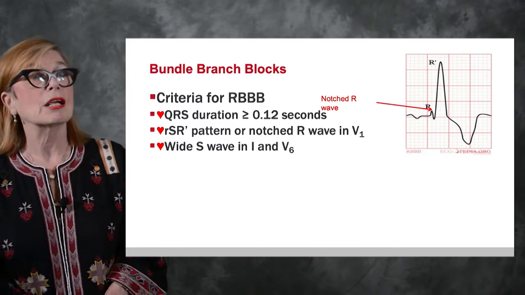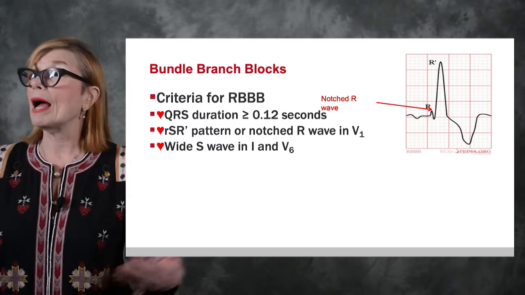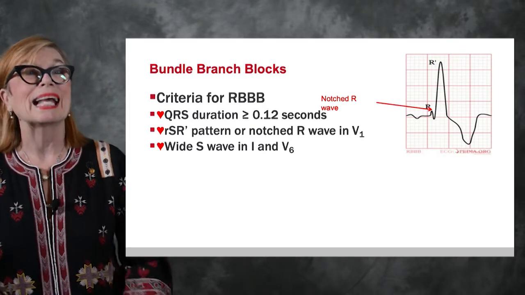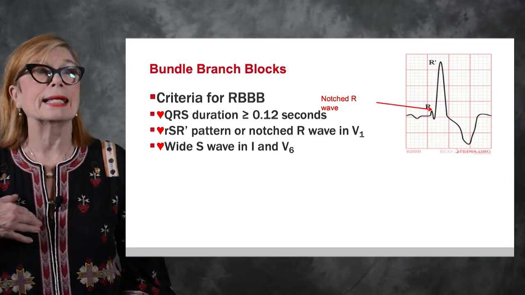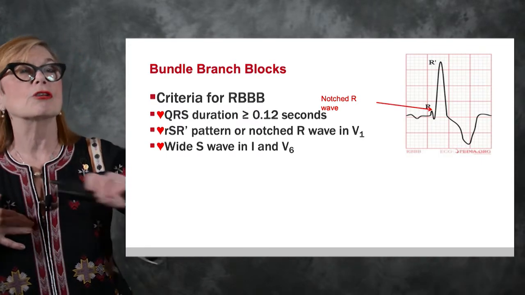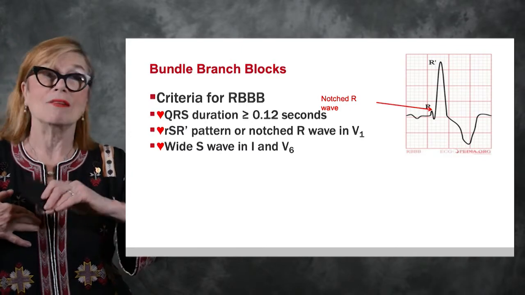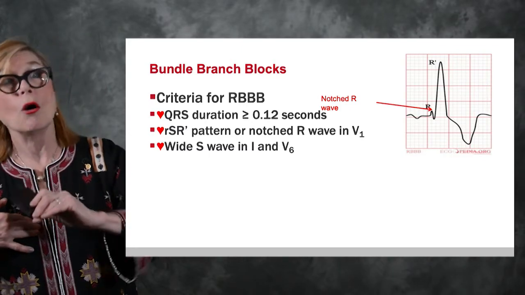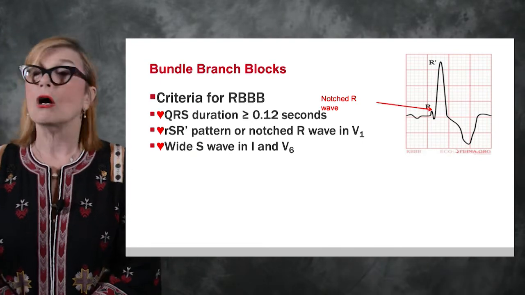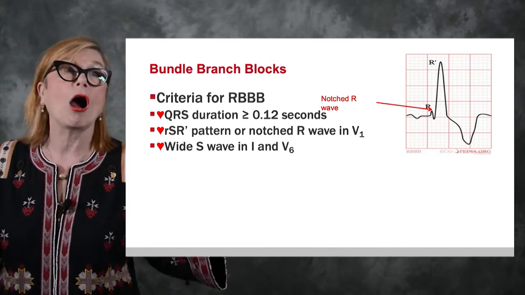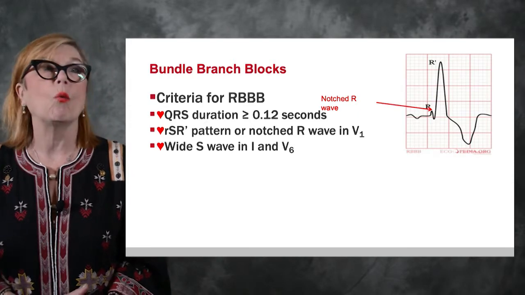Okay, so criteria for bundle branch block. QRS wider than 0.12 seconds. And in the V1 lead, which is, remember, a right-sided lead, all current going to the right. That's the wrong way. Even though the word is right, current going to the right is the wrong way. It should always direct to the left heart. So we have a big R wave in V1.